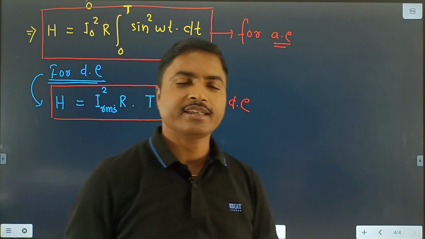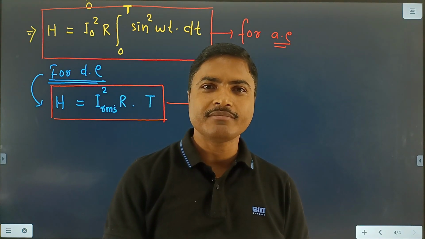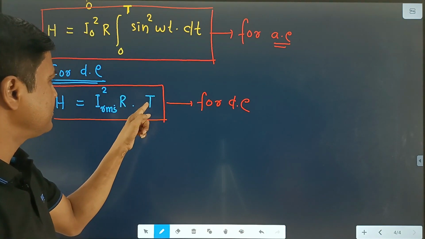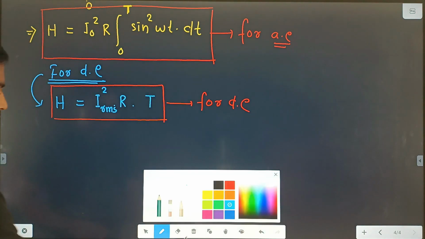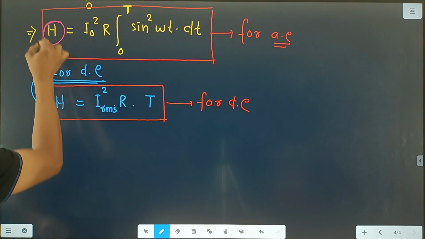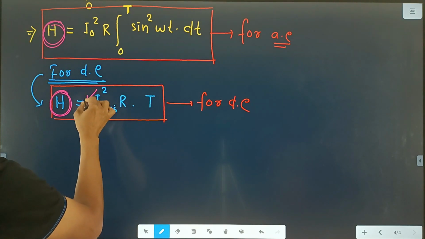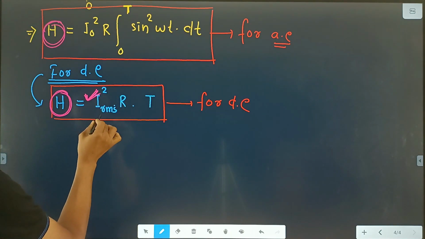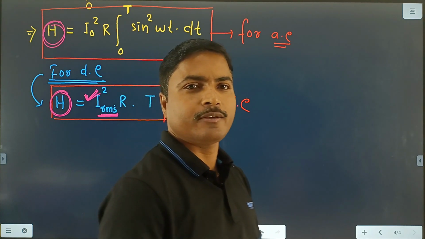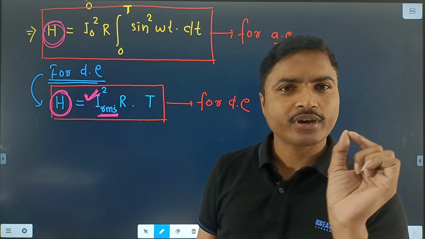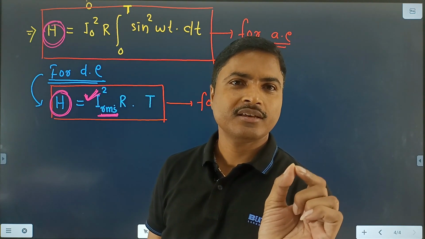Once again. Suppose alternating current is there for time t, heat produced is equal to H. In place of alternating current, suppose direct current is there for the same time t, and suppose heat produced is equal to H. If both the heat produced are the same, then this direct current is known as the root mean square value of AC, also known as the RMS value of AC.